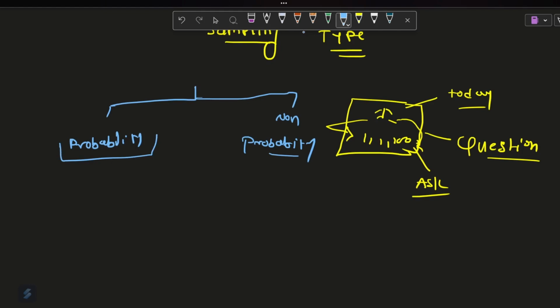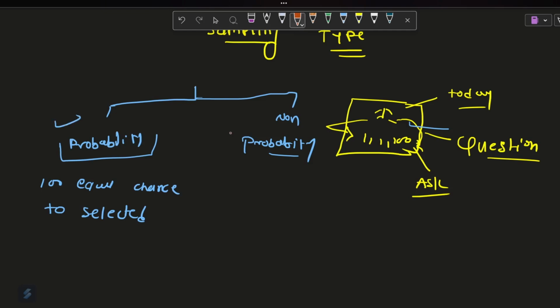In probability sampling, with those 100 students, everyone has an equal chance to be selected. That is probability sampling.